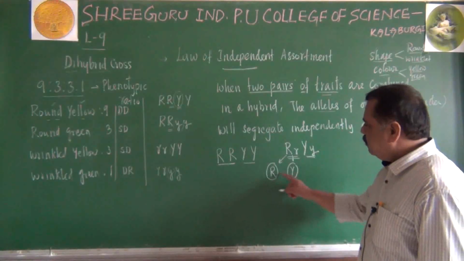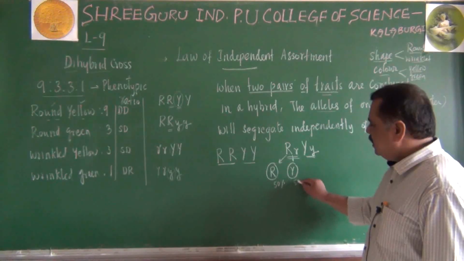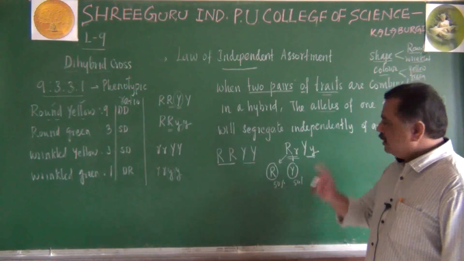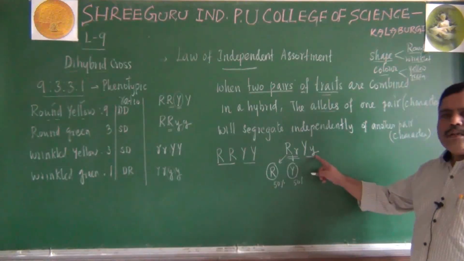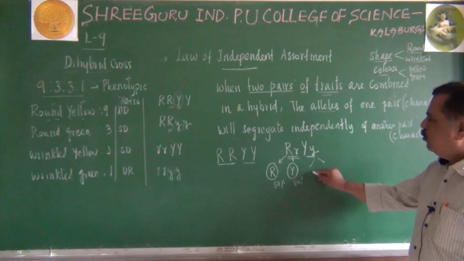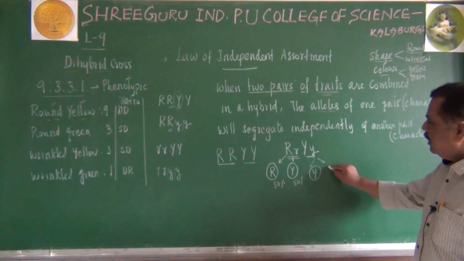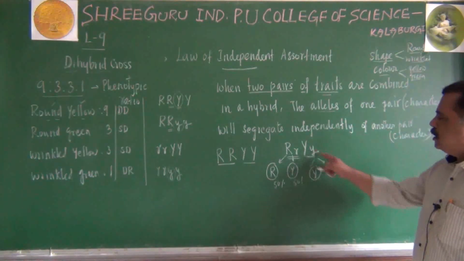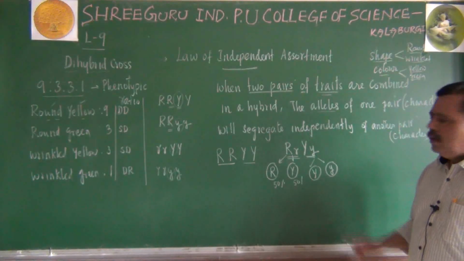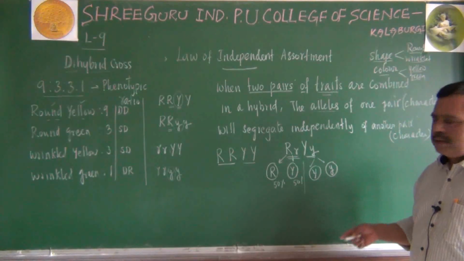Let us consider, when they produce two types of gametes, this is 50%, this is 50%. Similarly, alleles of color will also be produced in two forms. One type of gamete will be with capital Y, another type of gamete will be with small y. Now we got four alleles, otherwise two pairs of gametes.